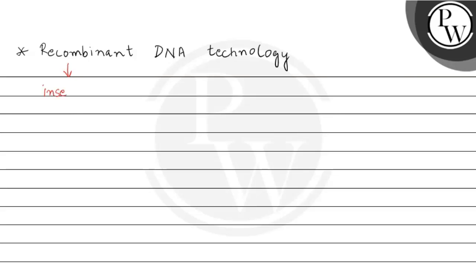Now, the discovery of this enzyme was very useful for recombinant DNA technology or genetic engineering. So, since restriction endonucleases are site-specific nucleases, they can be used in recombinant DNA technology for the insertion or deletion of a specific sequence of nucleotides.